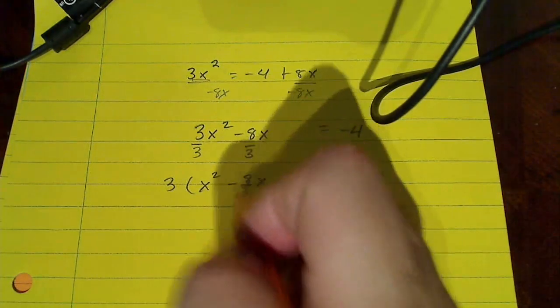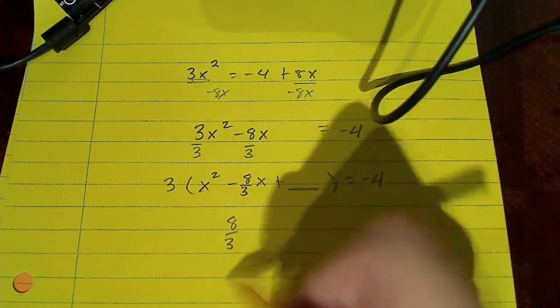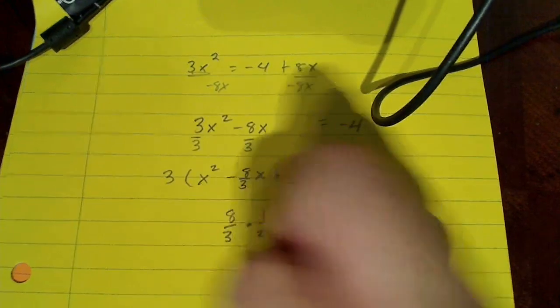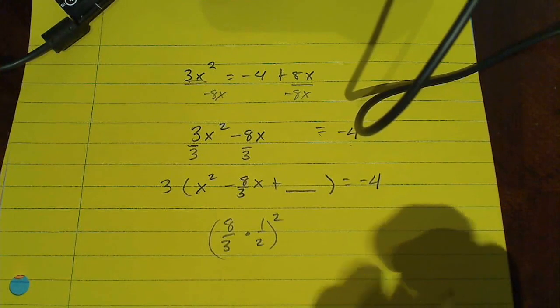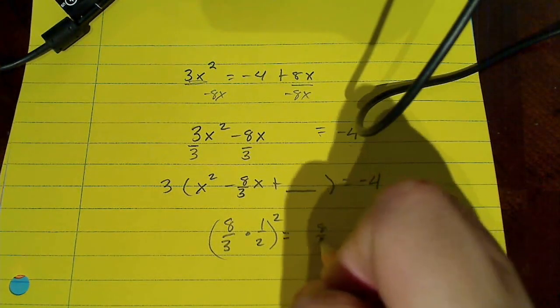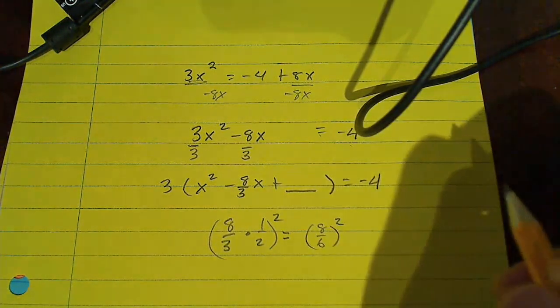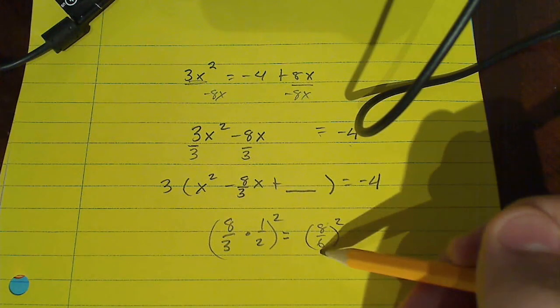Now I'm going to take my middle term, and because it is a fraction, instead of dividing by 2, I just want to multiply by 1/2 instead, and then square that term. That would become 8 over 6 squared. Now, the question might arise, can you reduce this to 4 over 3?